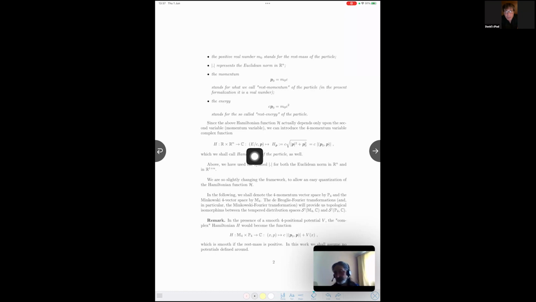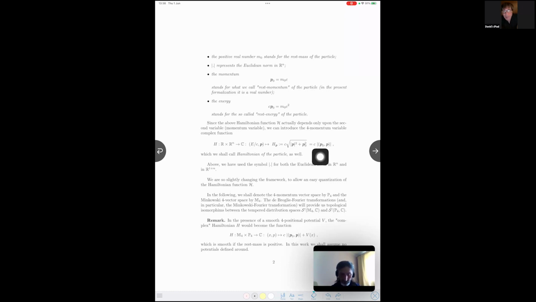So E over c is the energy divided by the speed of light, and P is the usual three-momentum. Our Hamiltonian function will be defined by c multiplied by the square root of the modulus of the three-vector P squared plus m0 c squared, P0 squared being m0 c squared.